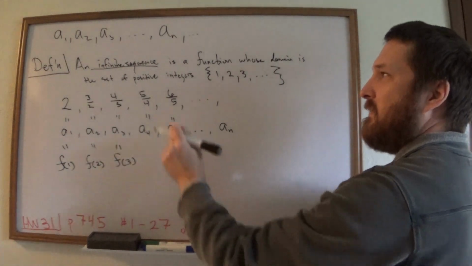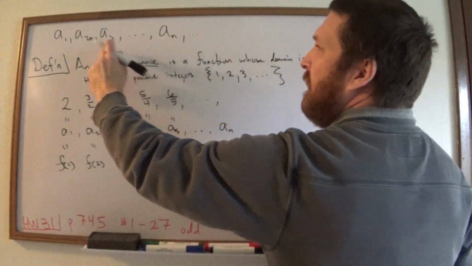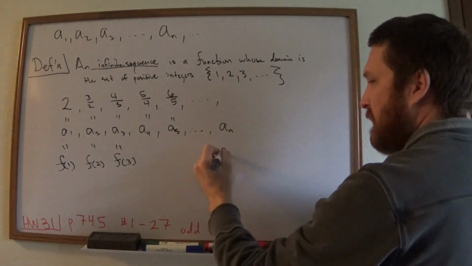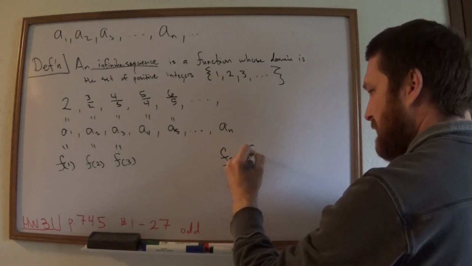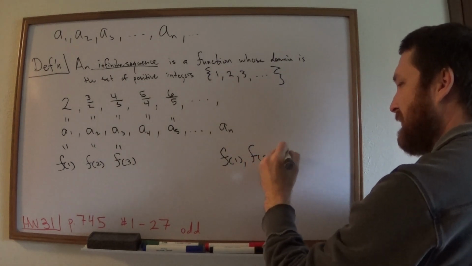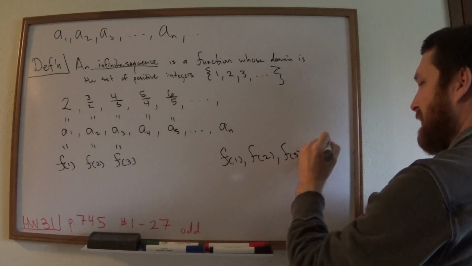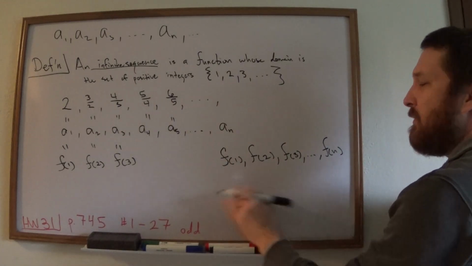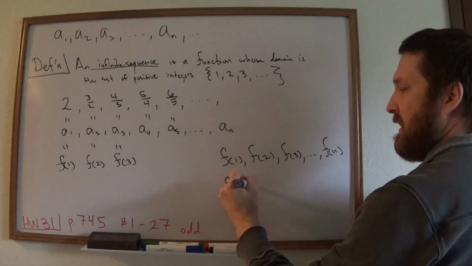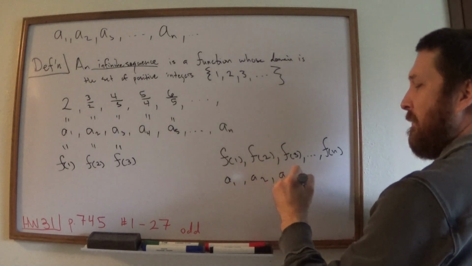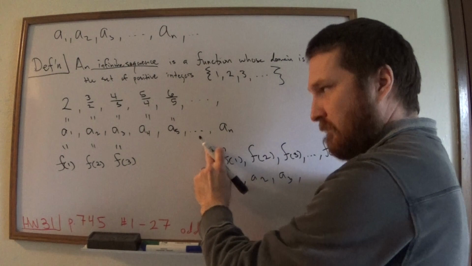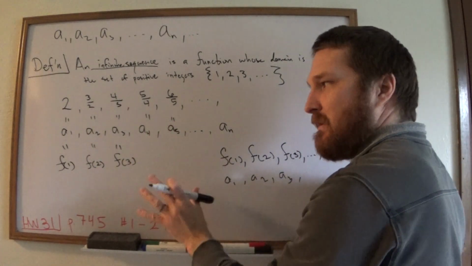Instead of saying that our general infinite sequence is a string of numbers like this, it's just a little bit easier. I could have written that up on the board, but nobody does that because it's so much easier to just say A1, A2, A3. Every one of these A's, you could think about as a function.